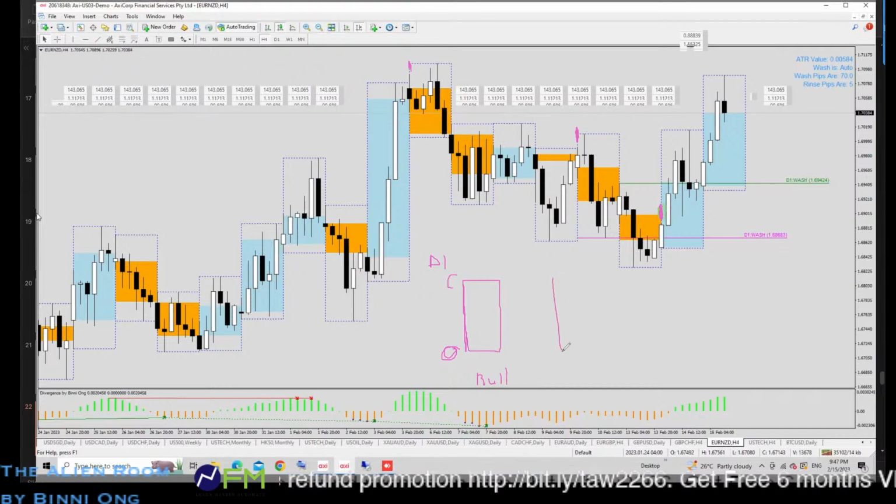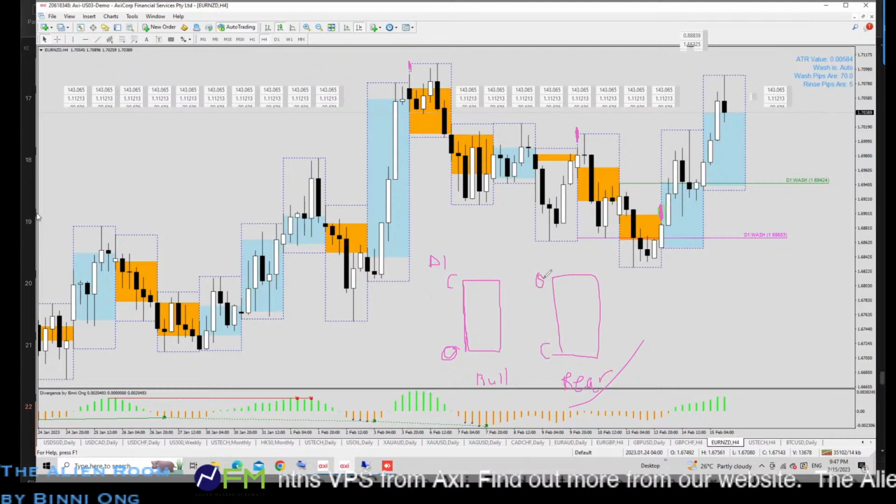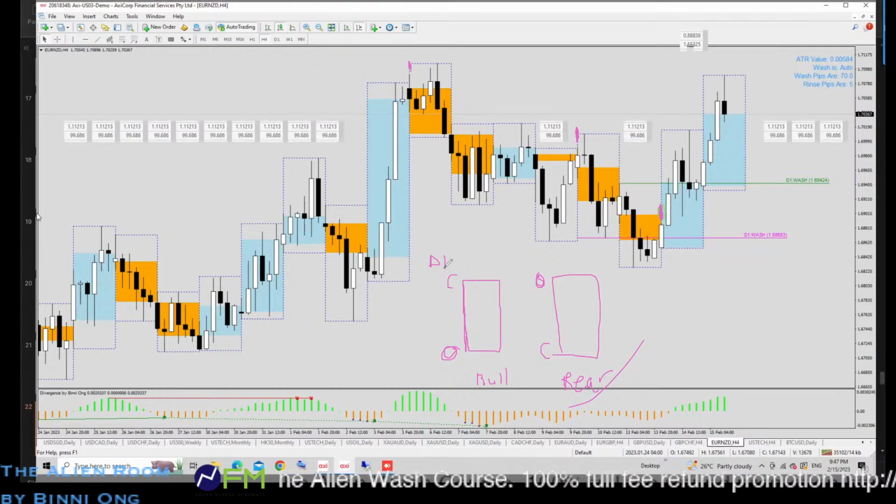Now, how do I know that this is going to be a bearish candle? Same thing. If the closing price is lower than the opening price. So in other words, whether you want to trade a bull or a bear very much depends on the opening price, correct?